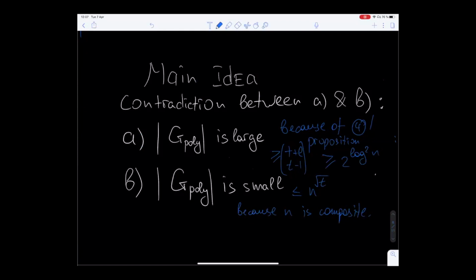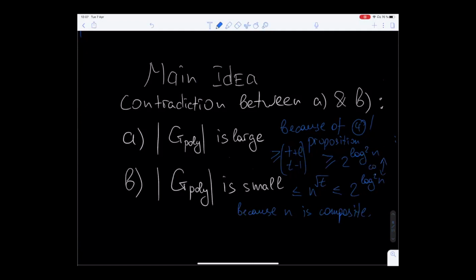And this thing would be at most, maybe I should write something like, 2 to the log squared n, very roughly speaking. So if t is roughly log squared and L is even bigger, then the first thing would be at least 2 to the log squared, and the second thing would be 2 to the log squared. So this would be a contradiction.